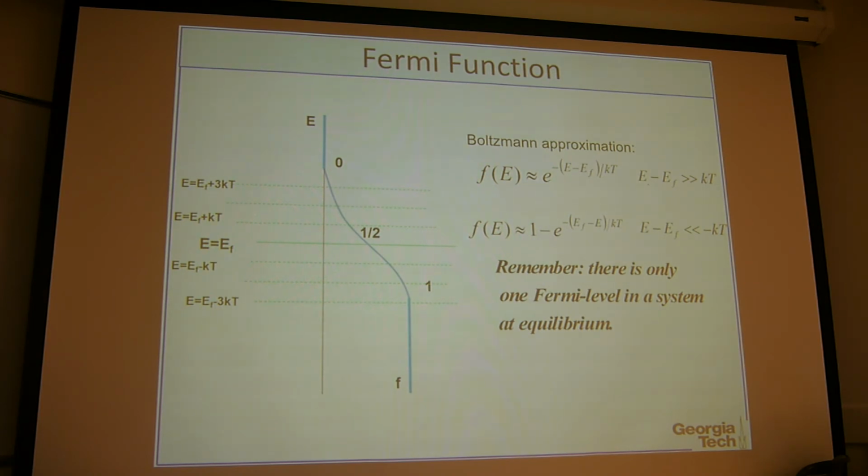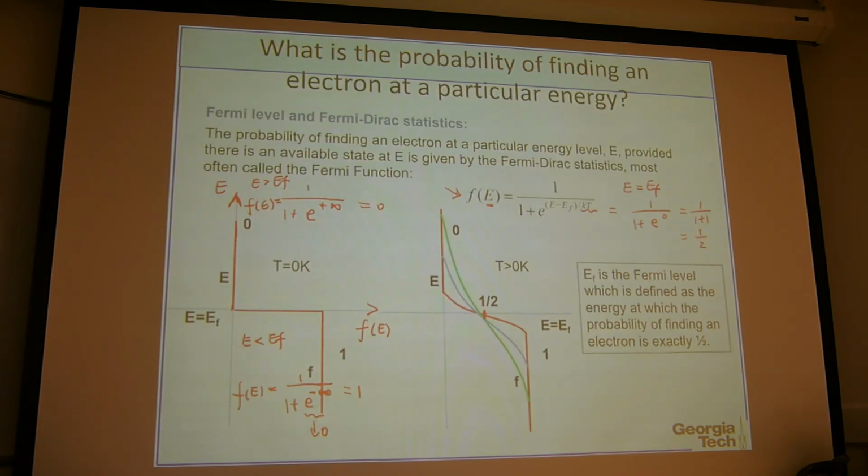For example, if E minus EF is much larger than kT, that means your energy level is much higher than the EF. Then we can simplify the Fermi function to this Boltzmann function. So let's do this. This is your original Fermi function from the previous slide.